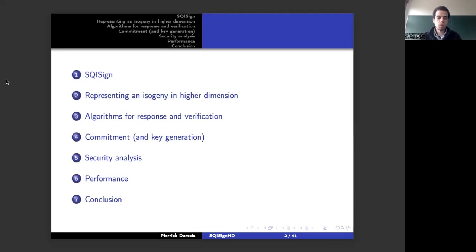So first of all, before introducing you to SQISignHD, I will talk a bit about SQISign to remind the basics that will be useful to our presentation.